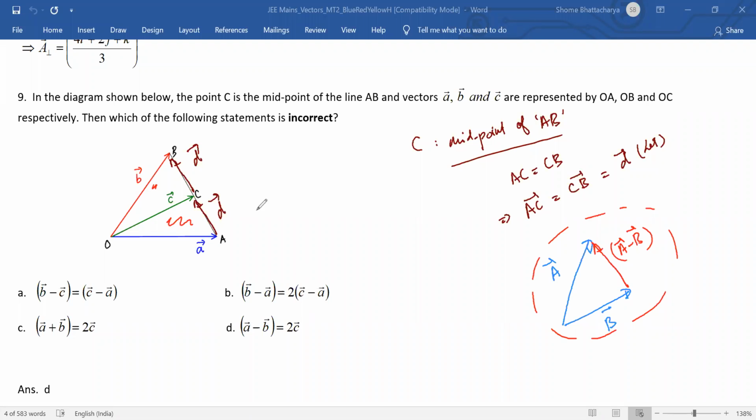So apply this concept now to this triangle first and then also to this triangle. In the first of the two triangles, you'll get C minus A is equal to this vector D. Whatever this vector is, it's basically half of AB.